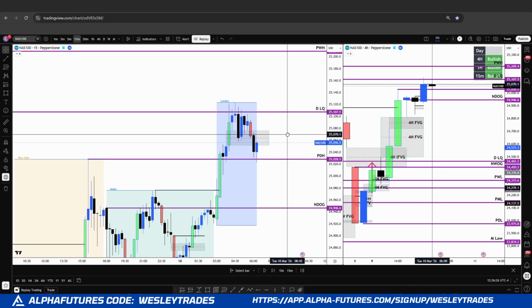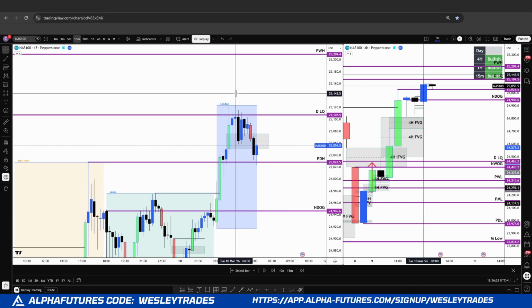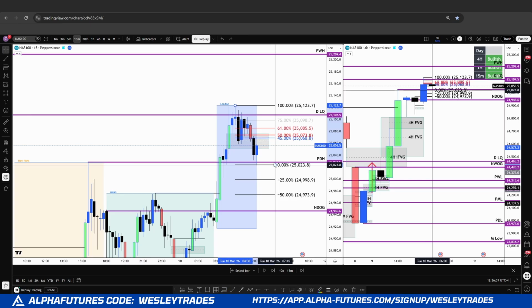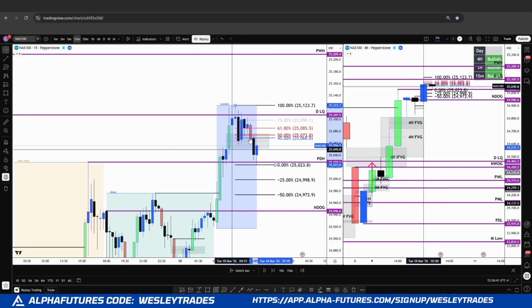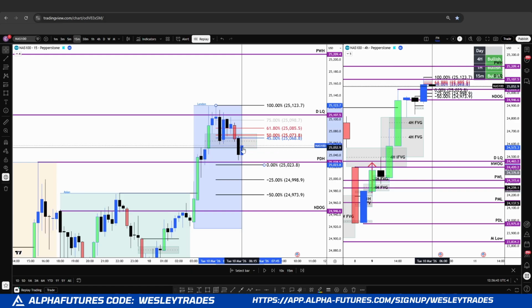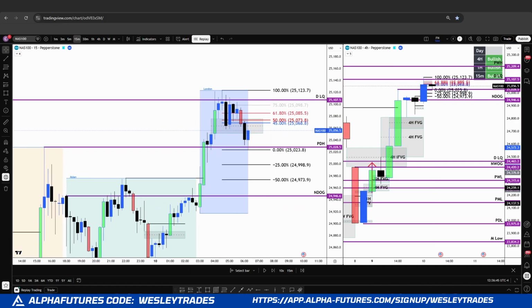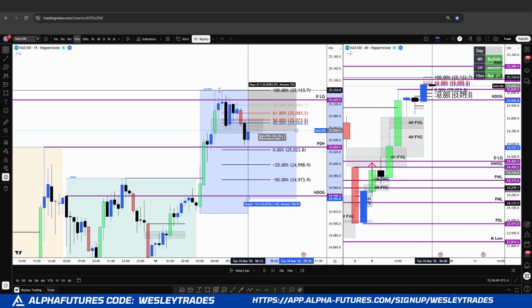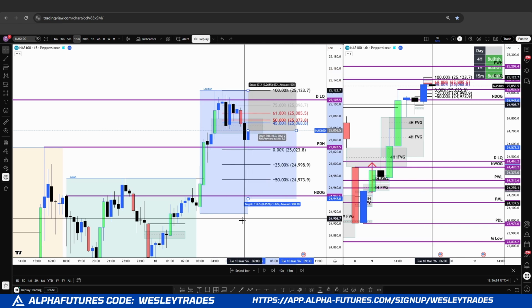So this is actually what I did on Tuesday morning. I think I did not wait for a retracement. I can't remember. I think I actually entered the trade as this candle closed. Right, there's the sell, there's the high.